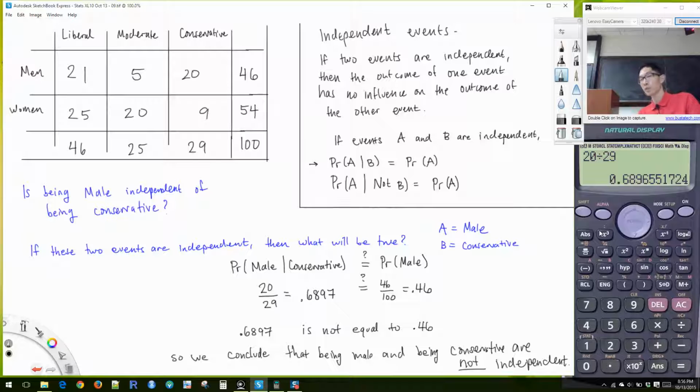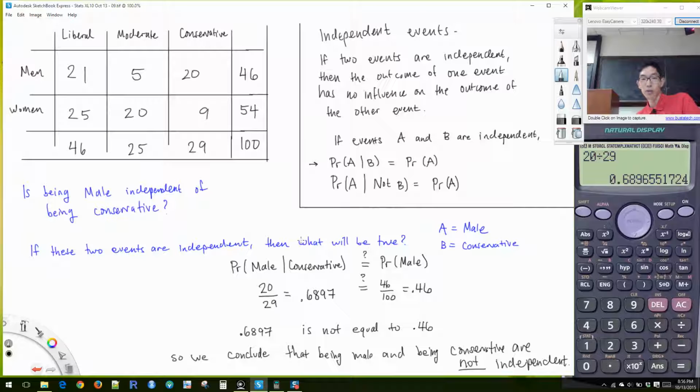I just want to make sure, is the definition of independent events okay? Susan? Just that if events A and B are independent, then the probability of A given B should be equal to the probability of A. Is that relationship okay? Yeah? Okay. So you're nodding over there, so that's good.